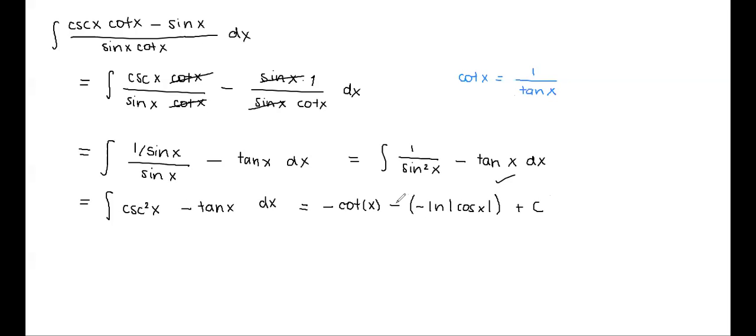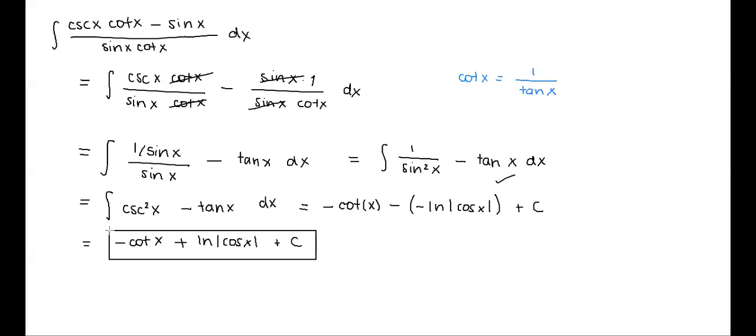Then I can simplify because I have a minus times minus. So that means I have minus cotangent of x plus ln of absolute value of cosine of x plus c. All right, so this is what you should have gotten. Can I see a show of hands for those of you who got the right answer?